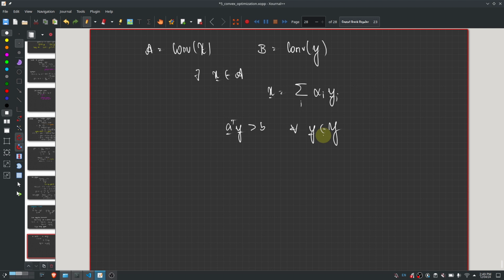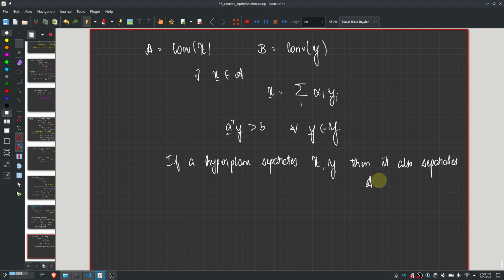So I leave that as an exercise, just try it. Try to formally prove mathematically that if a hyperplane separates any two sets X and Y, then it also separates A and B. The reverse is clear, right?